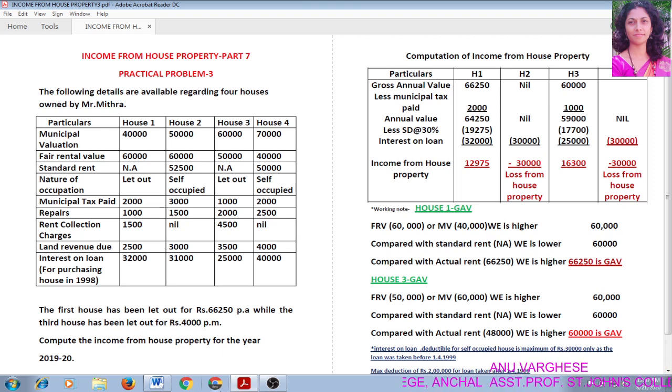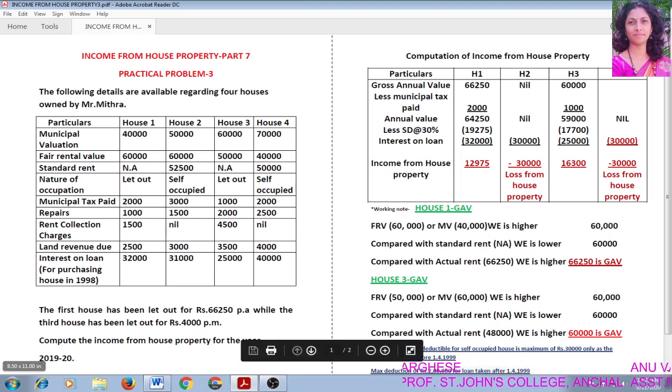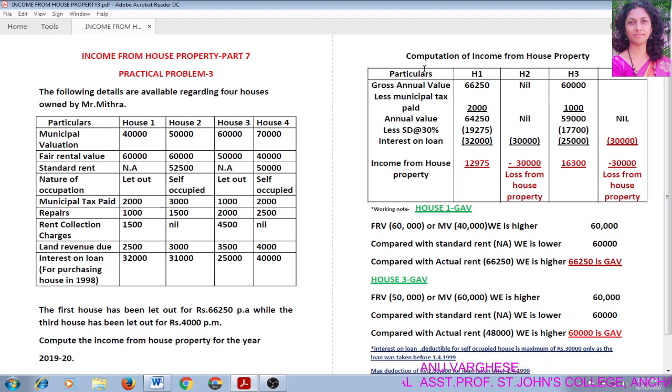So, for computing income from house property, we have to draw a table like this, and for columns you have to insert 4 columns: house number 1, house number 2, house number 3, house number 4, and one particular column. So, what is the first step? You have to write gross annual value.